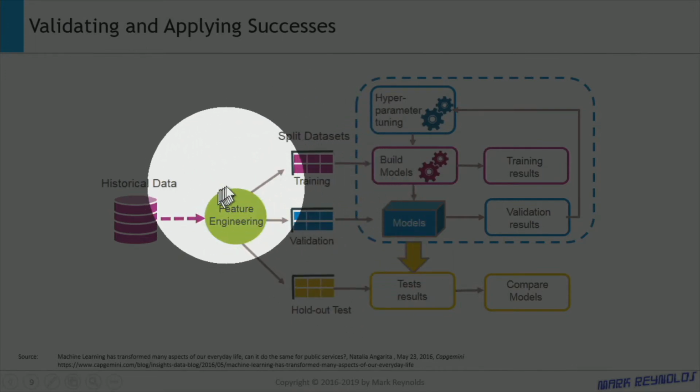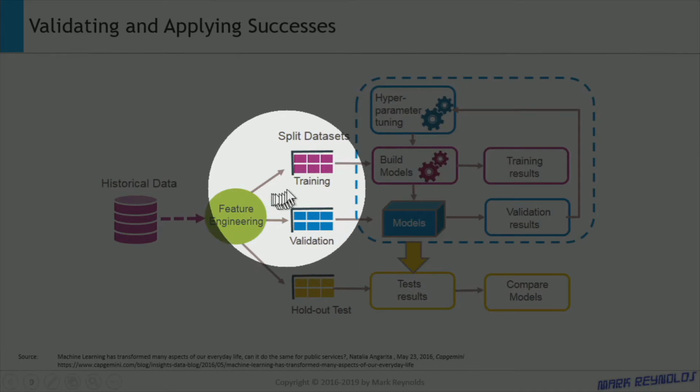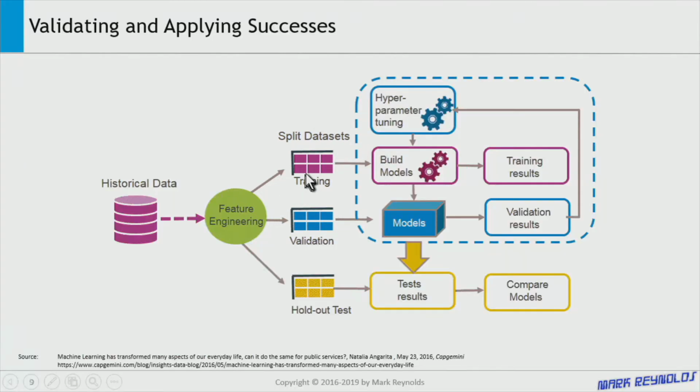You take it after you've worked on your features. I'll come back to what you have to do with that in a moment. You want to split the databases into typically 2 or 3 sections. You want to take the lion's share, 70, 80% of the database, not less than 50, and use it for training. That means that you need to have some diversity of the rows that you're bringing in.